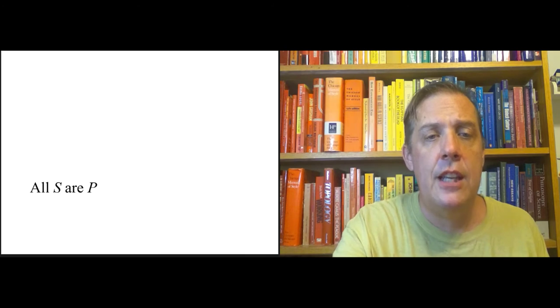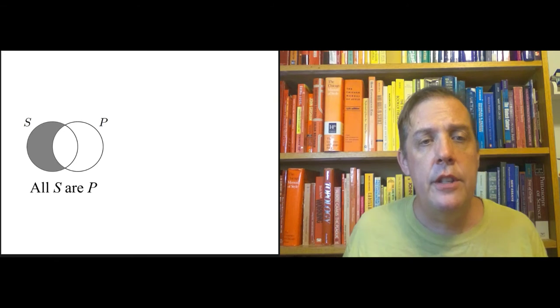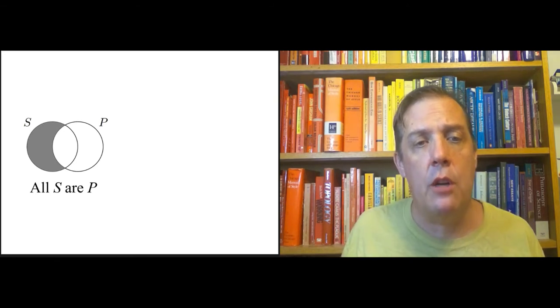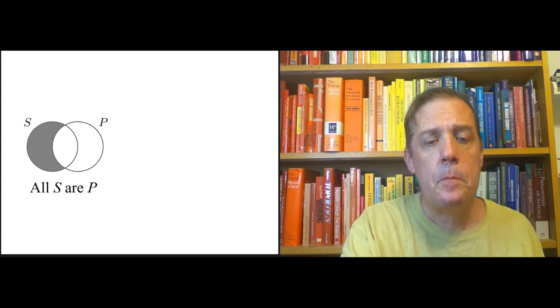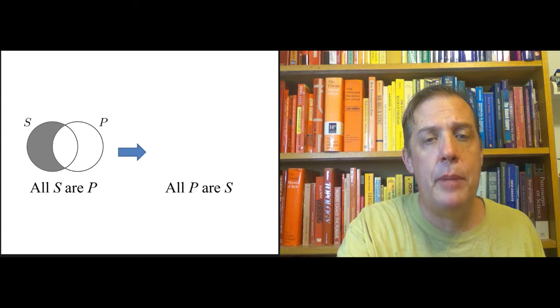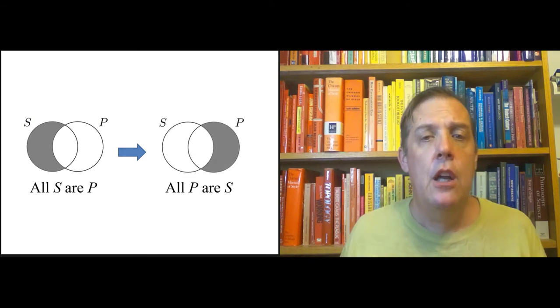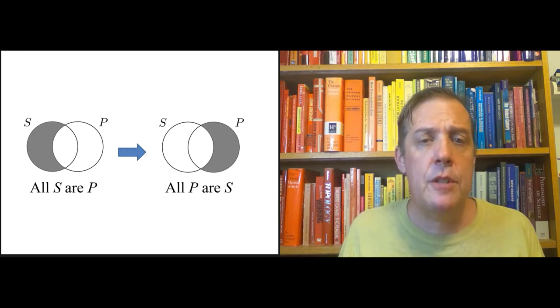So you can see this actually in the Venn diagrams. This is the Venn diagram for all S are P. We have shaded the region of S that doesn't include the overlap. And that means that any X you try to draw will have to be in the middle, where it will also be a P. If you change this statement to all P are S, you get a diagram that's flipped around.